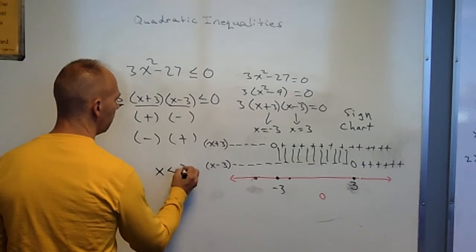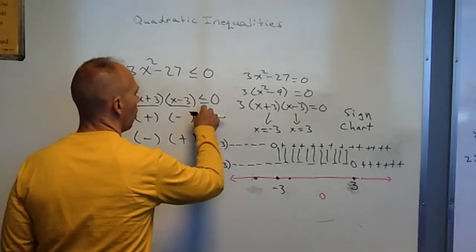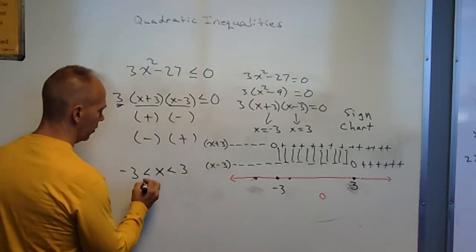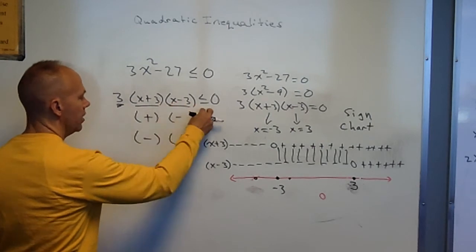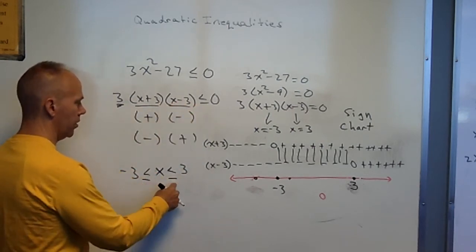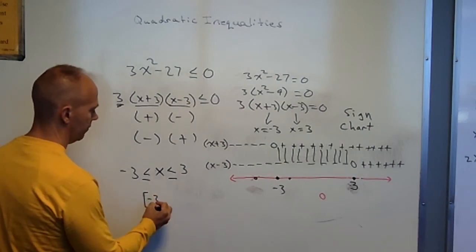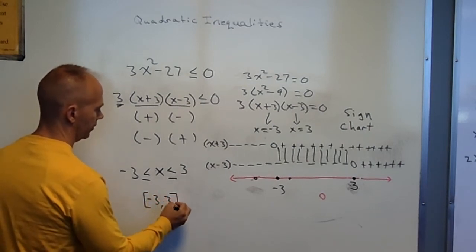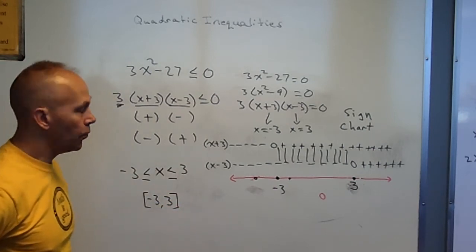So I get a double inequality. But we said less than or equal, and I know that this expression will equal 0 at negative 3 and 3. So I make it or equal. And in interval notation, that looks like this. Whew! A lot of work.